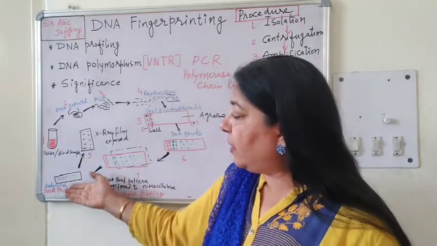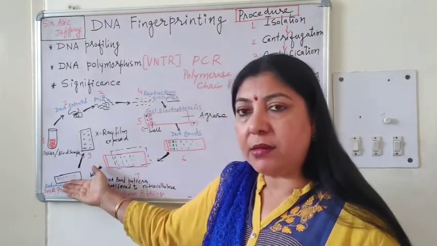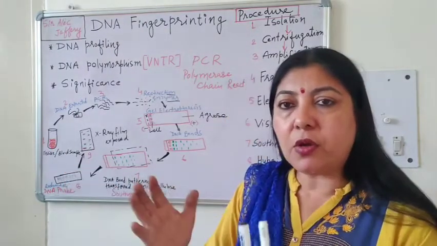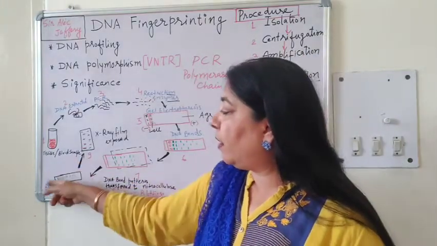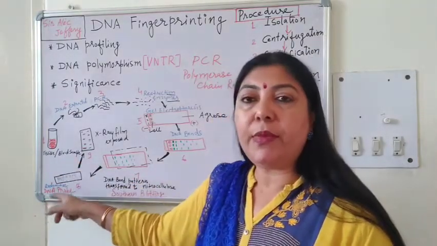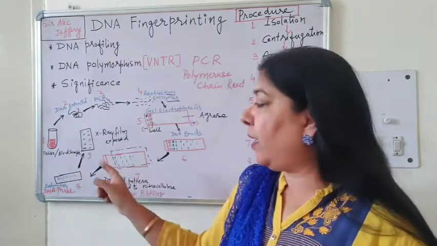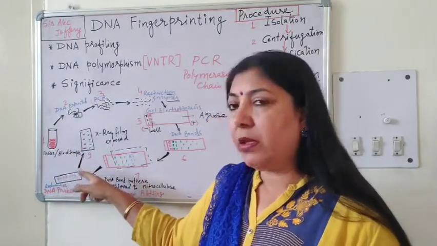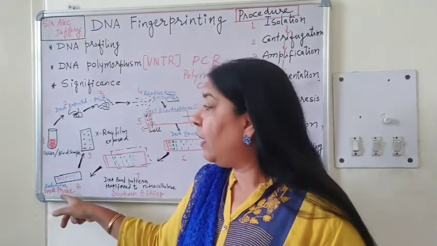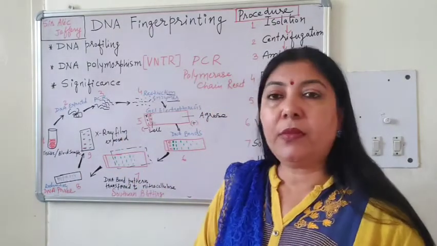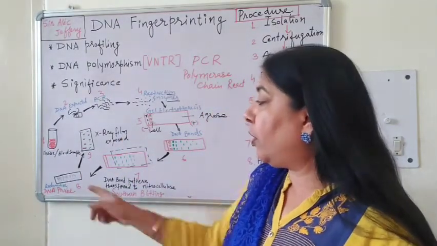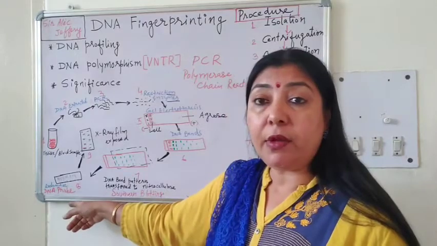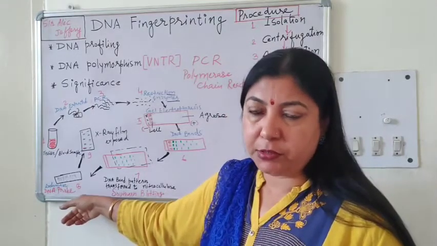When it is hybridized with this single-stranded DNA, wherever there is complementary base pairing, the pairs will be there. The hybrid DNA will be produced. So this hybrid DNA is subjected to X-ray film, because we are using radioactive DNA VNTR probes.